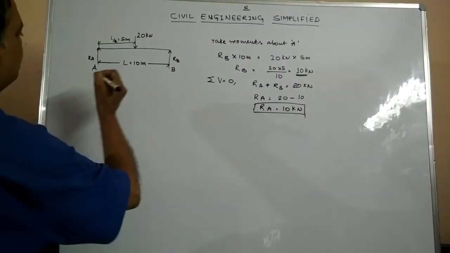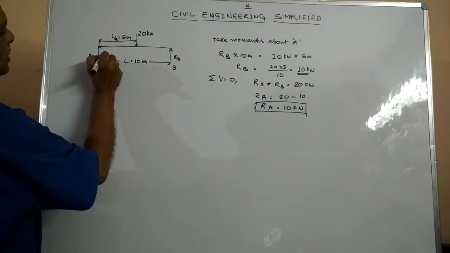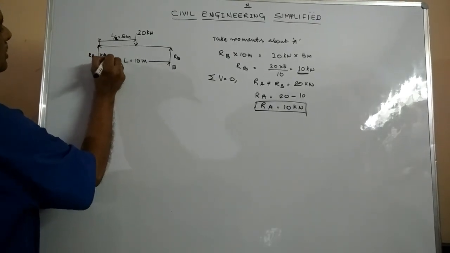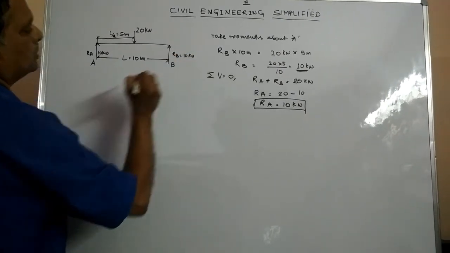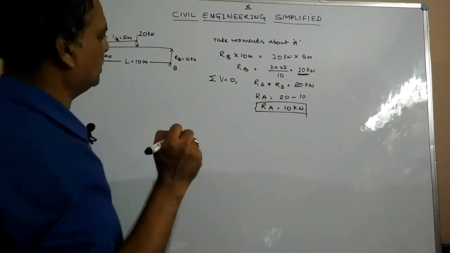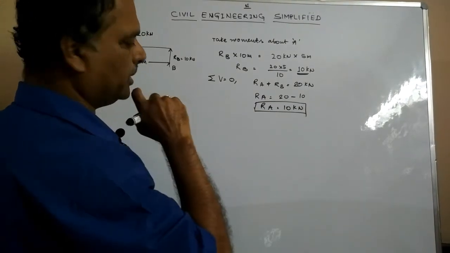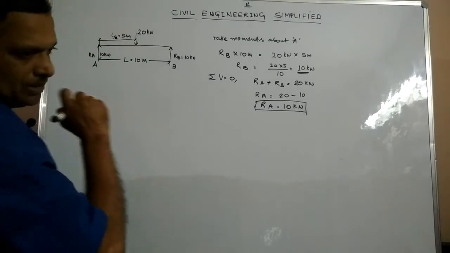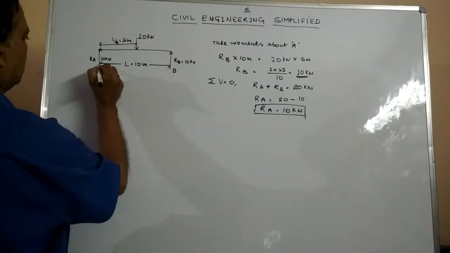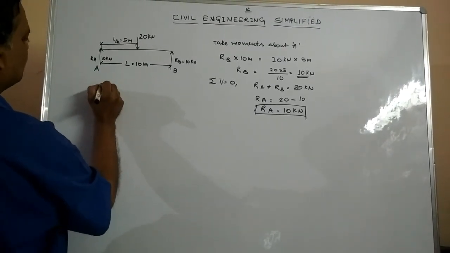So here RA is 10 kN and RB is equal to 10 kN. Having found the vertical reactions, RA and RB, it is now very simple to draw the shear force diagram. So now let us see how we can draw the shear force diagram.